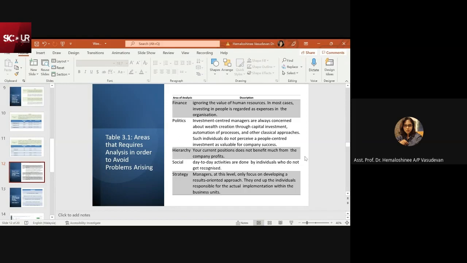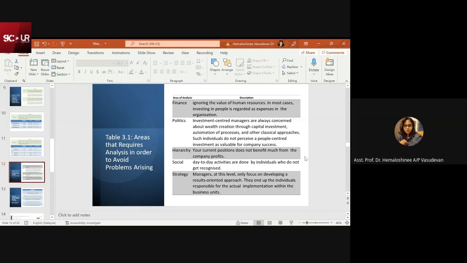Okay, finance. When you look at the area of analysis, finance, if you go to get any expenses from the finance department, they will question so many things. They only think about trying not to give expense money for the employee. So they are like ignoring the value of human resources.